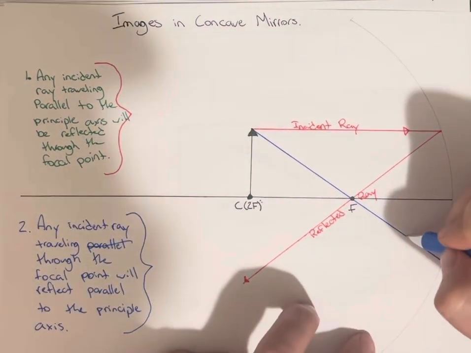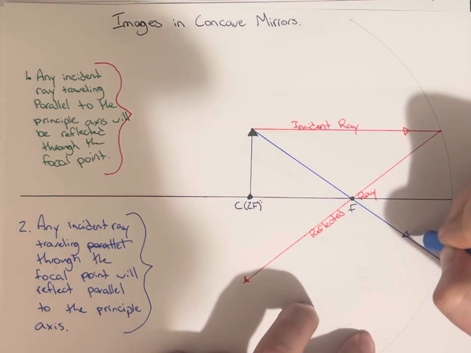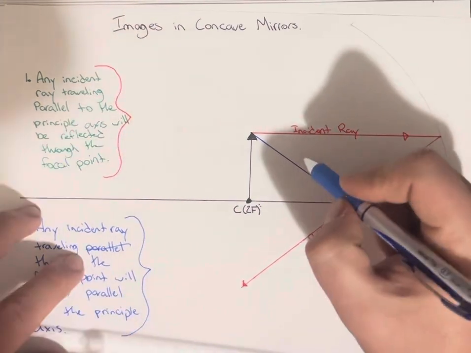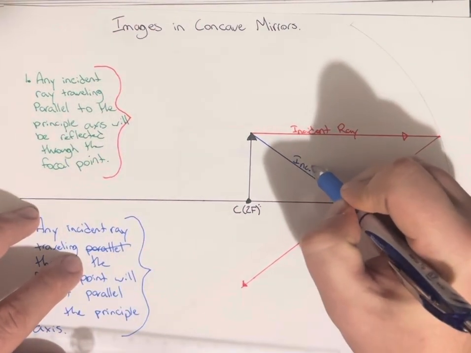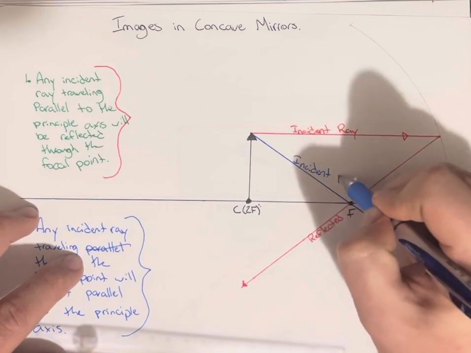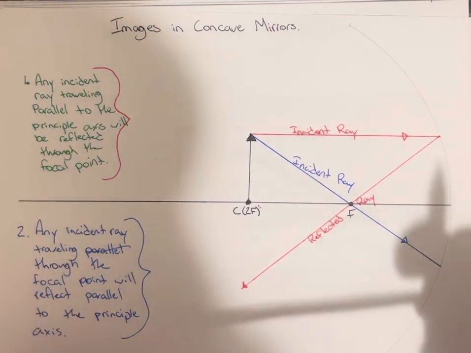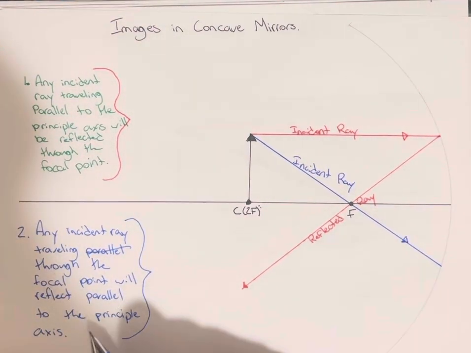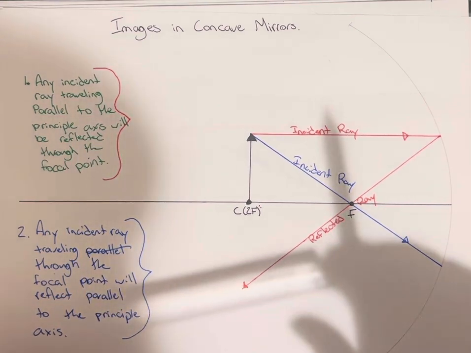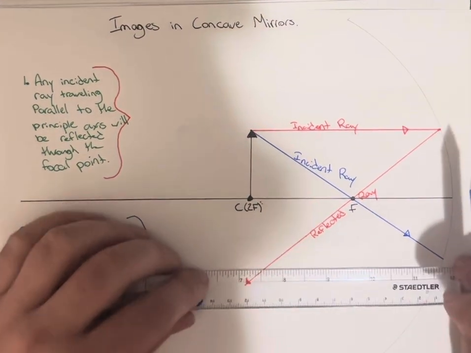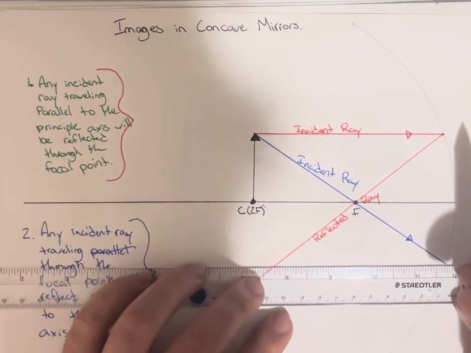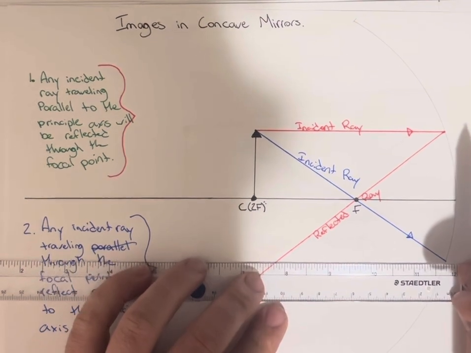Now I will put in my arrow to show that this is also an incident ray. And then that is going to once again reflect parallel to the principal axis. So I'm going to take my ruler, making sure that it is as close as possible, parallel to the principal axis.